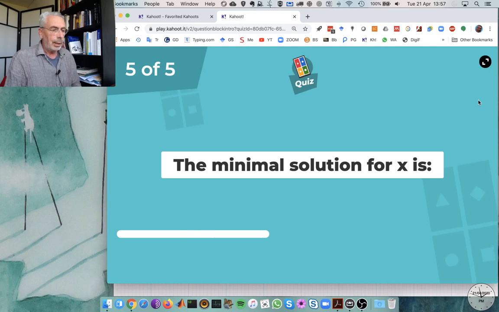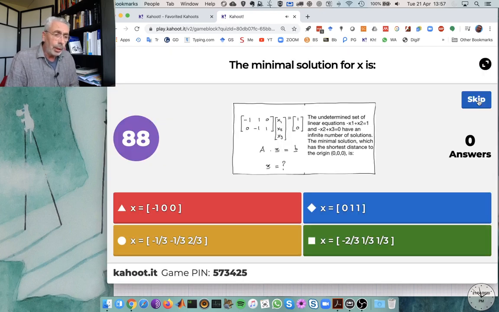That is the last one. That's about the topic of today. So we have an underdetermined set of equations. We have more variables than we have equations, so we have an infinite number of solutions.